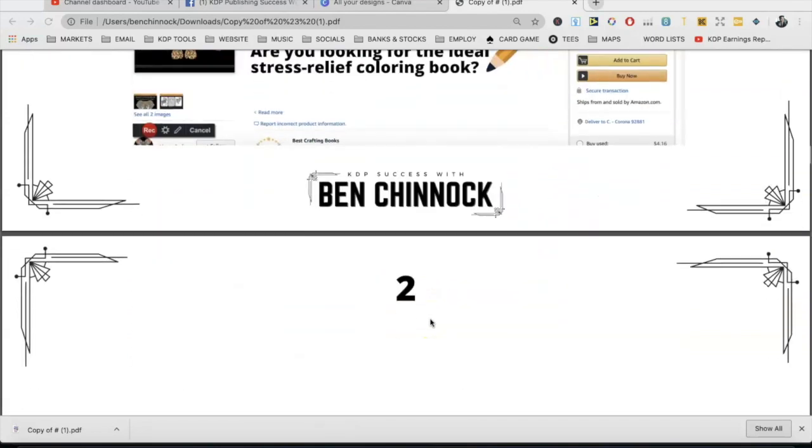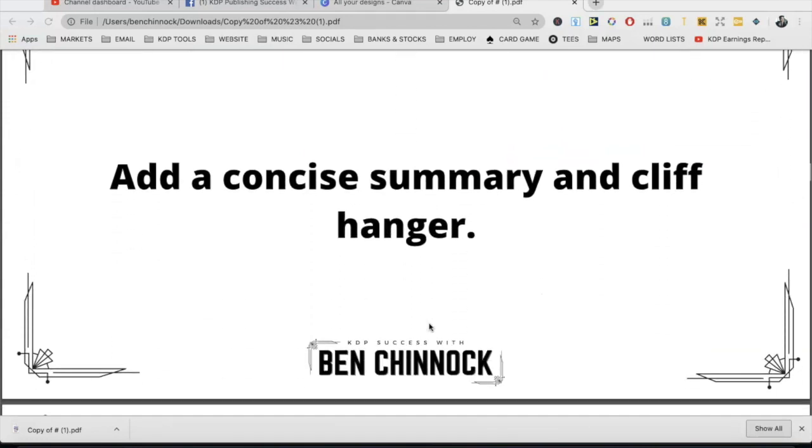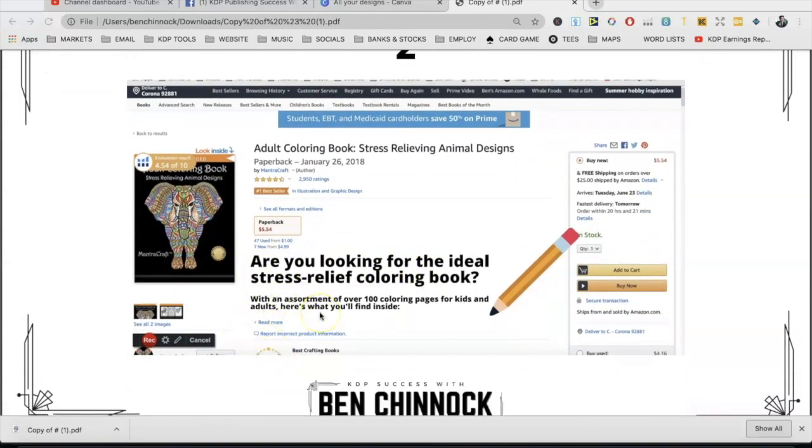So if we scroll down, number 2 is going to be adding a concise summary and cliffhanger. Now, what I mean by that is, obviously, if you look in this description bit here, there's this read more section here. What it displays originally is only a small snippet of what your whole description could be, right? Because there's only a certain amount of space.